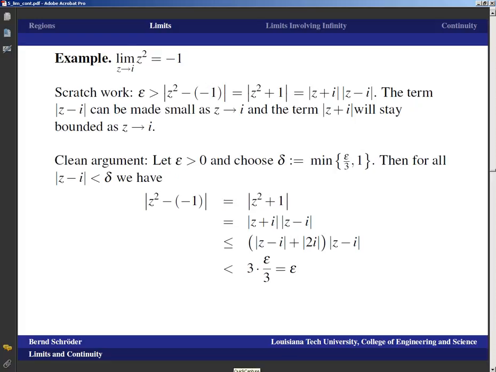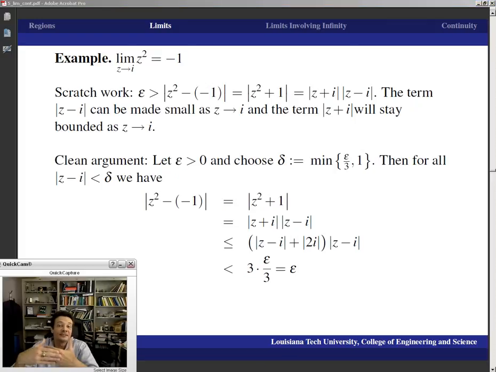And so, as you can see, this is another way to write down these proofs. If you go back to your calculus text on a section that, let me admit it, in many calculus classes, including very often my own, is actually skipped. They tell you a lot about these epsilon delta proofs, and some authors even insist that you first write down the scratch work and then write down the clean argument.